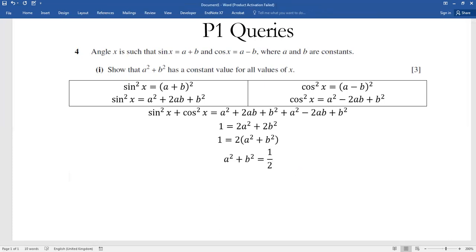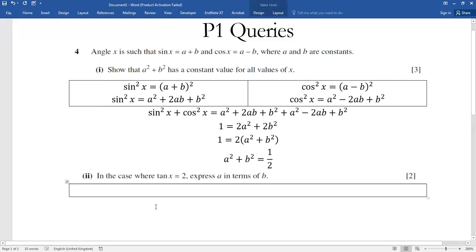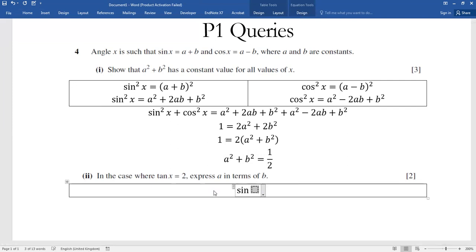Part 2. Now the question says, in the case where tan x is equal to 2, find a in terms of b. How do I get tan x? I take equation 1 and divide it by equation 2.